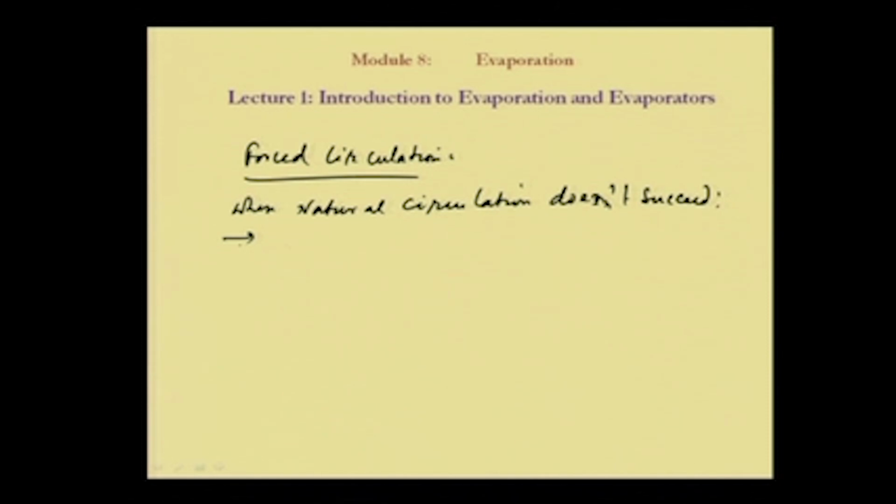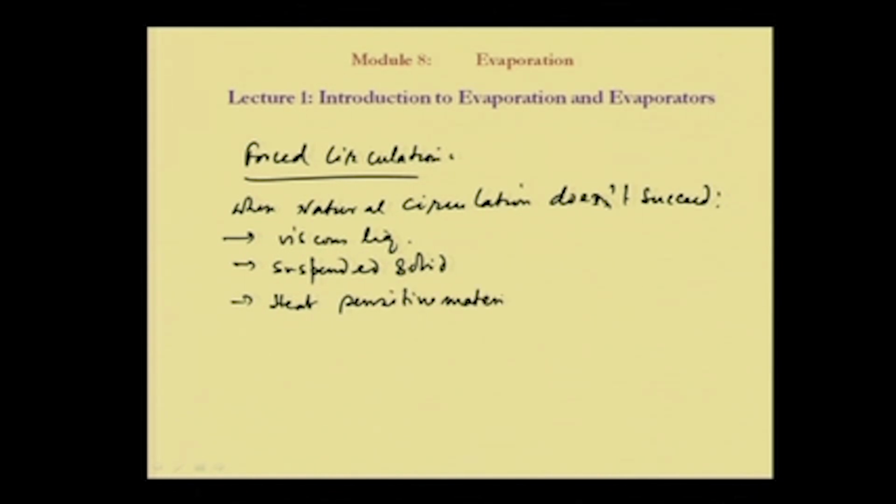That means the cases of viscous liquid, then suspended solids, heat sensitive materials. Under those situations natural circulation does not succeed. So, then it is better to use forced circulation, and using forced circulation the velocity is increased.